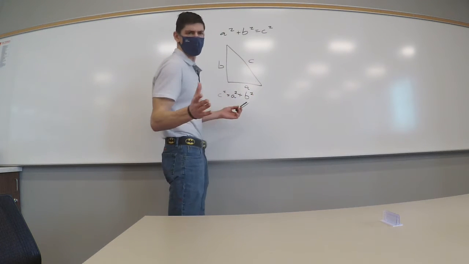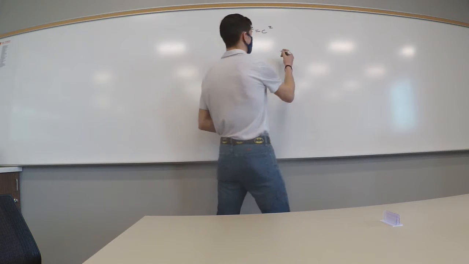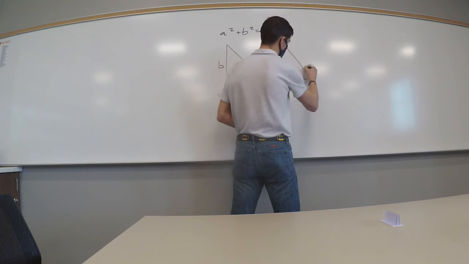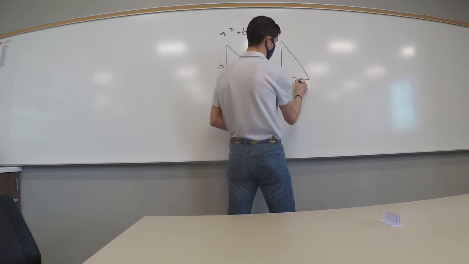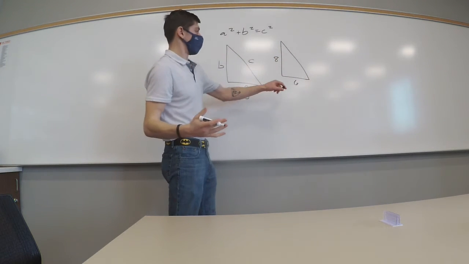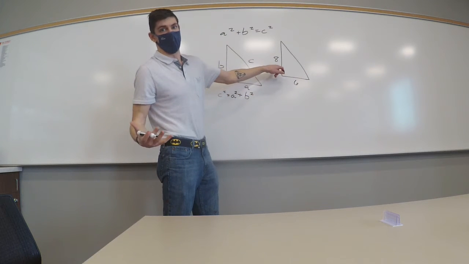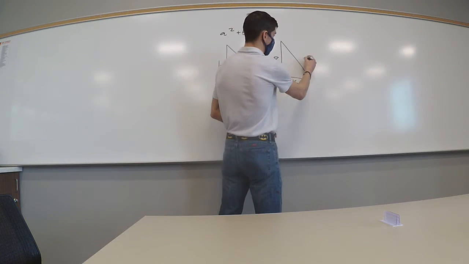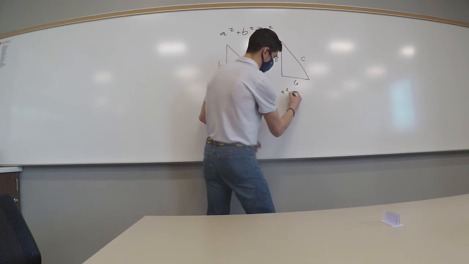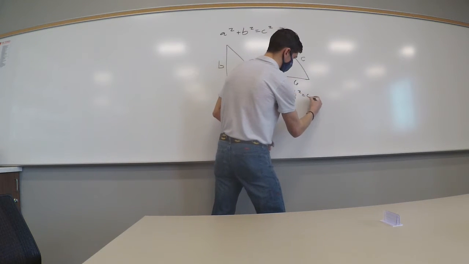Okay. Well, first, let's draw our triangle. We know our side lengths of 6 and 8 are A and B, so we're looking to solve for C. So we have A squared plus B squared equals C squared.